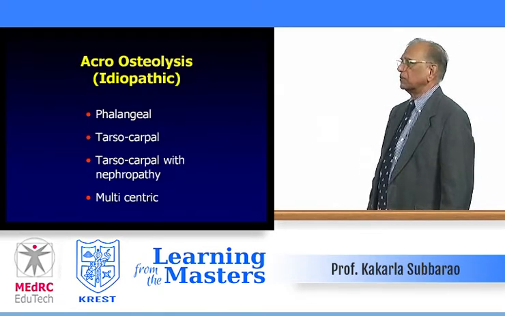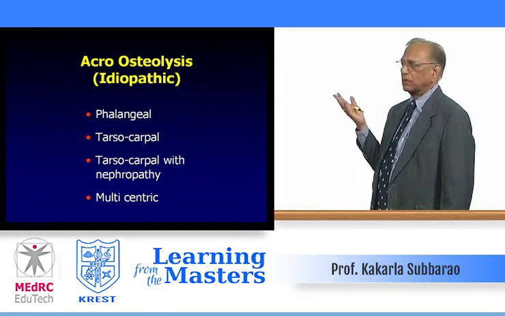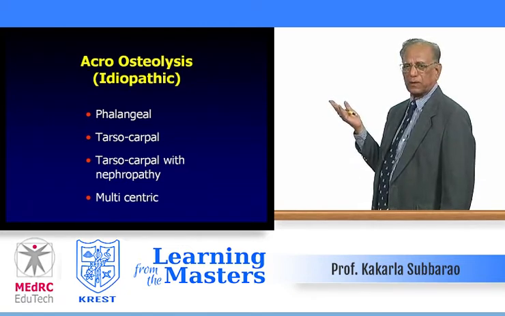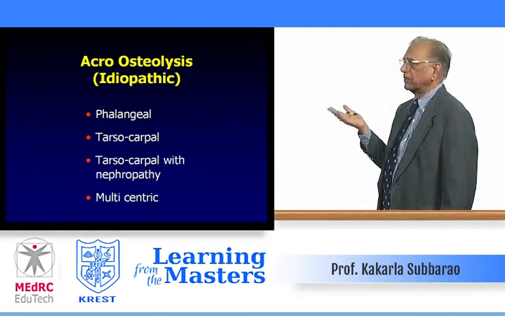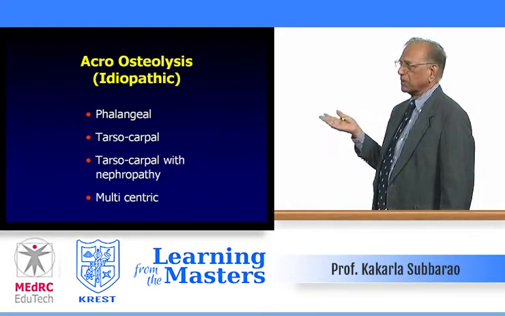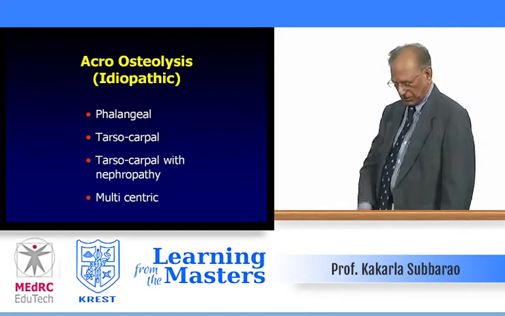And now we come to idiopathic acro-osteolysis. So far we have mentioned several cases where you get acro-osteolysis, for example, in pycnodysostosis, cleidocranial dysostosis. Now, it could be idiopathic phalangeal, tarsocarpal with nephropathy, and multicentric acro-osteolysis.